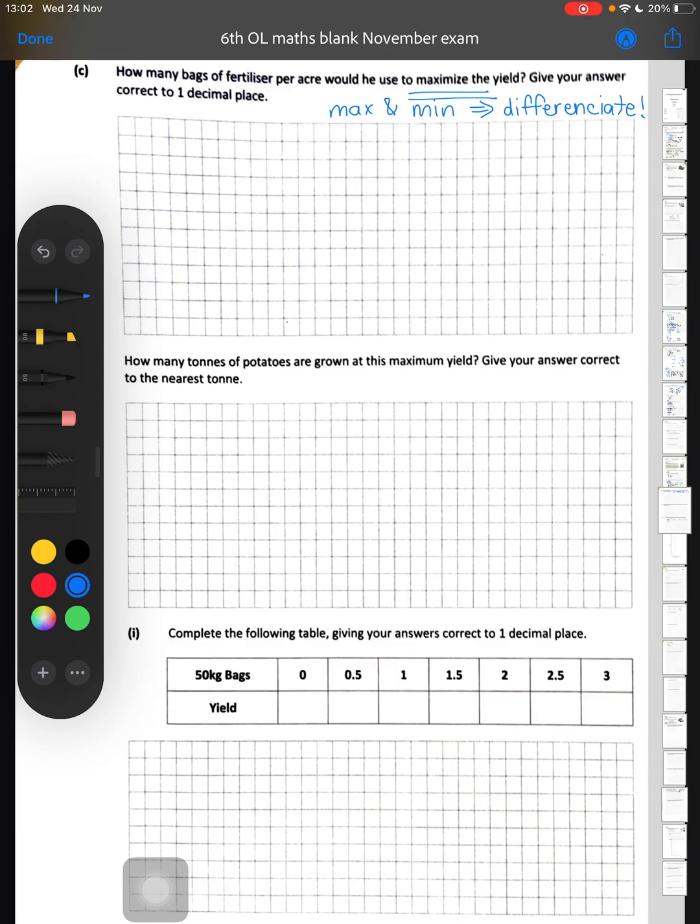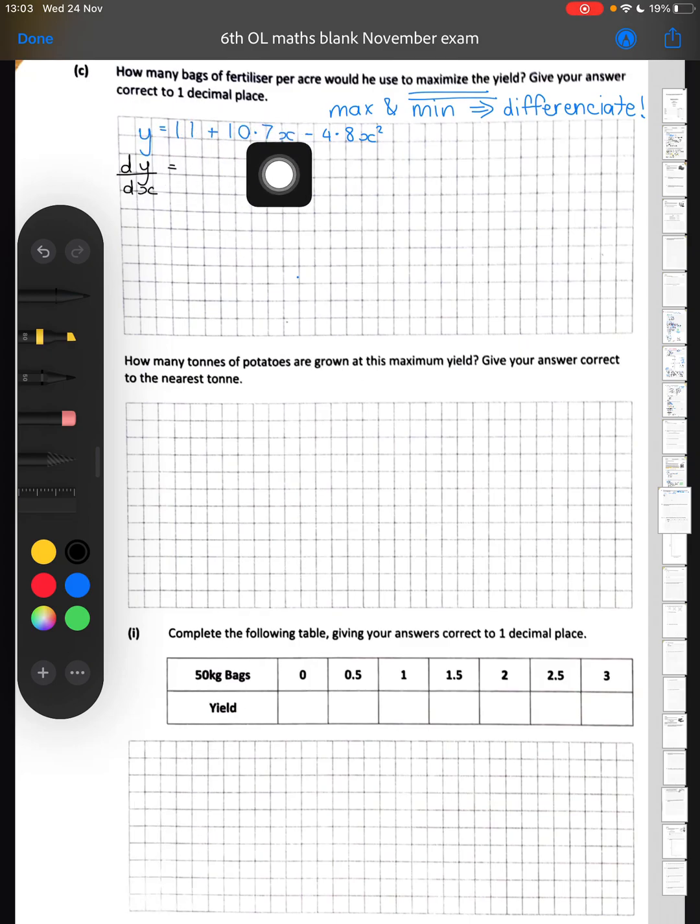So we had that y was equal to 11 plus 10.7x minus 4.8x squared. So we want to differentiate this. We are going to look for dy/dx.